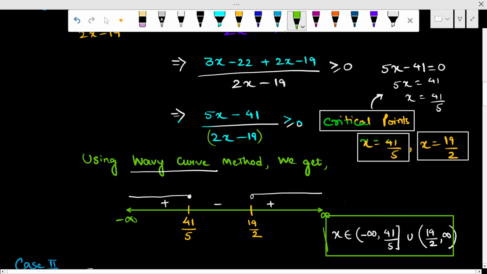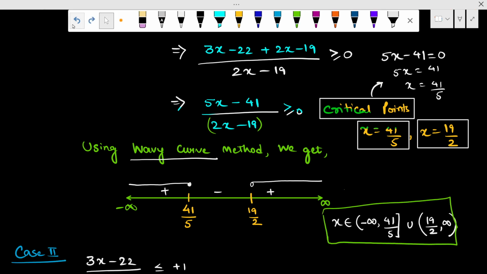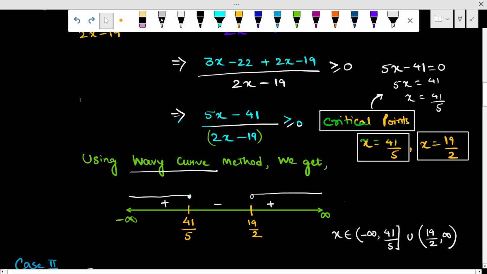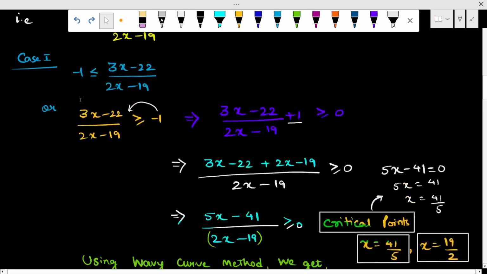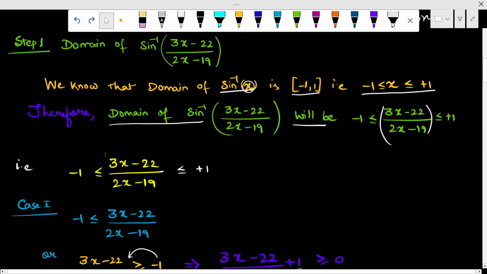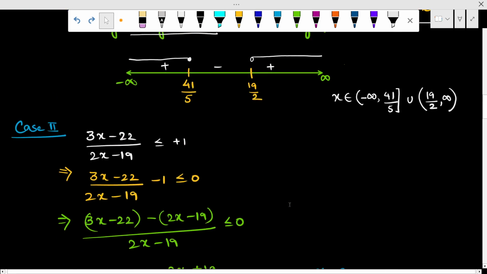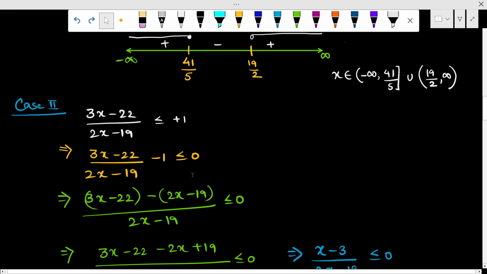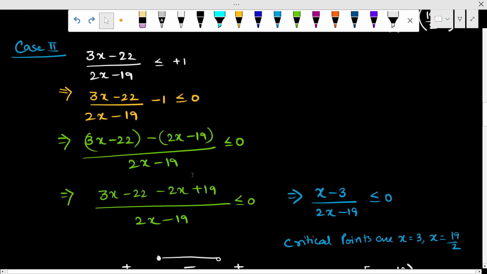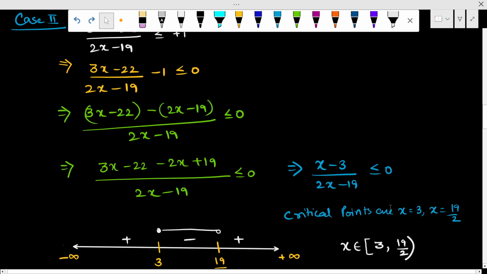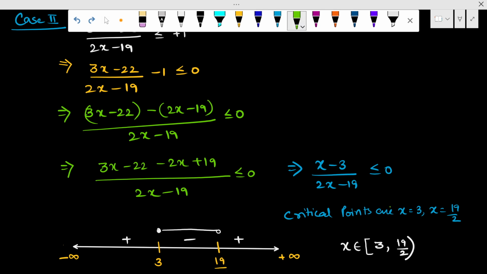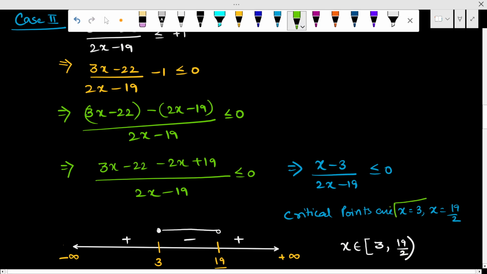Next, now we solve the RHS. Now the RHS was this, right? So to solve this, we calculate again, and you find the critical points as x equals 3 and x equals 19 by 2, right?